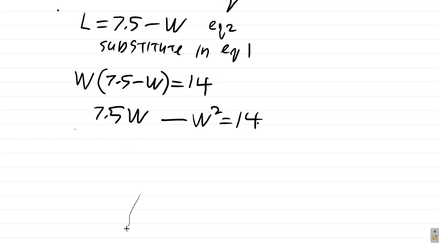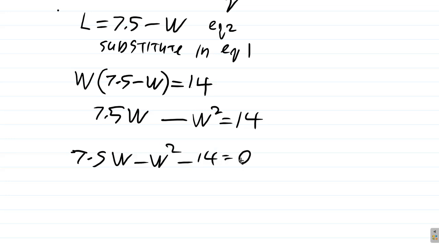Let us rewrite it as negative W squared. Oh, let's put everything on the left first. 7.5W minus W squared minus 14 equals 0.